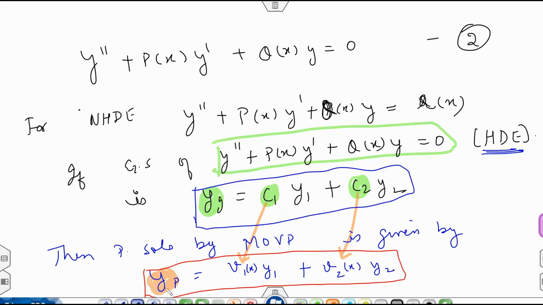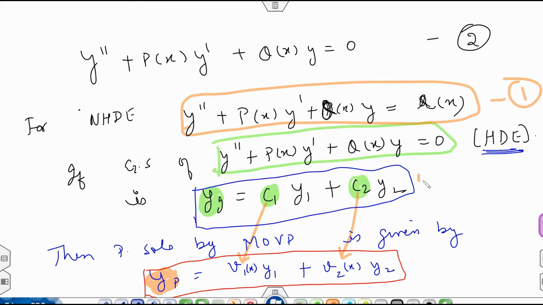And what will be the general solution for this equation number 1? That will be yg plus yp. So let us see how we can find this v1 and v2. There is one simple formula. I am not going to derive it, how v1 and v2 are achieved.